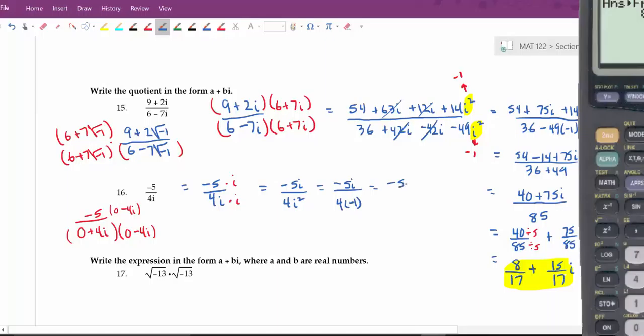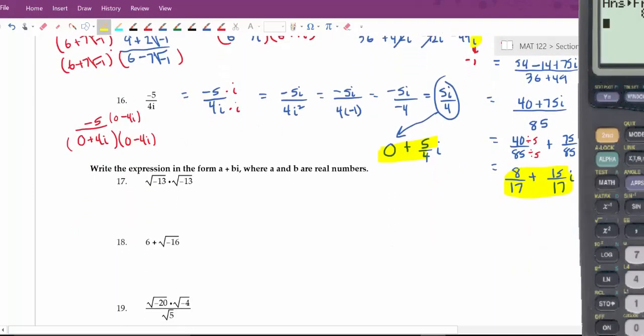So that's negative 5i over negative 4. The negatives divide out to give 5i over 4. And you can write the answer that way, or you can write it as 0 plus 5/4 i. If you're writing that in the complex form, then that would be the way you'd want to write the answer to that problem. Okay, so that's an example of division. So you really can think of that as rationalizing denominators.